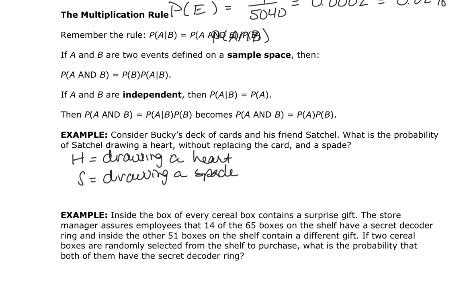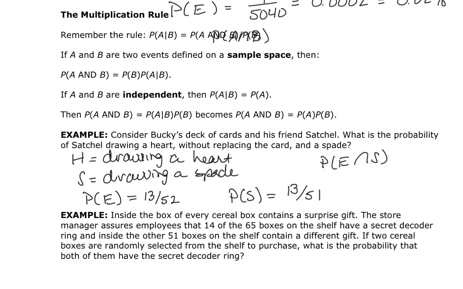The probability of drawing a heart first is 13 hearts in a deck of 52 cards, so 13 divided by 52. Now, what is the probability of drawing a spade when you did not replace that card? Well, there are only 51 cards now, but there are still 13 spades. So the probability of drawing a heart without replacement and then a spade would be the probability of H intersecting with S.